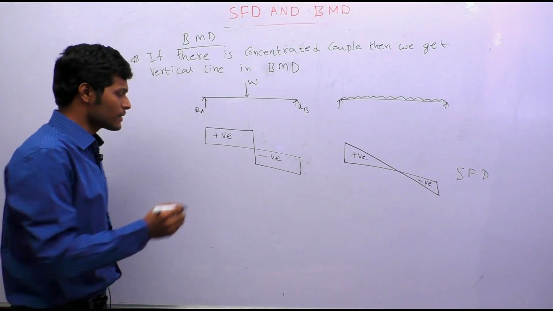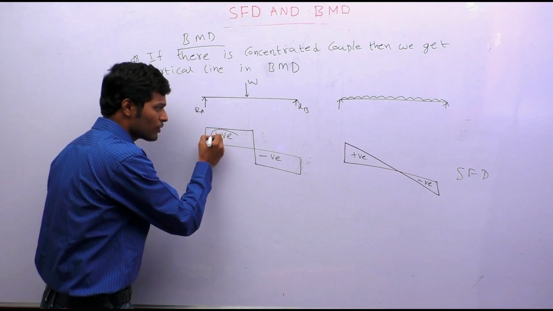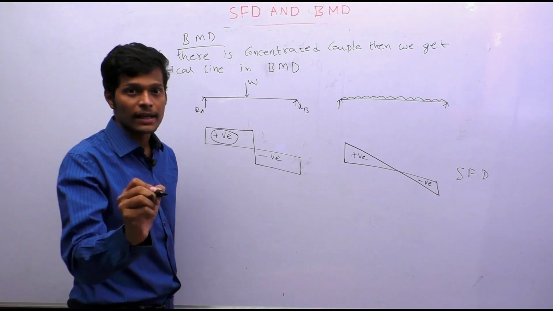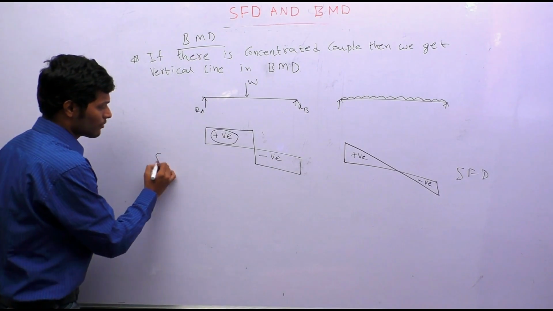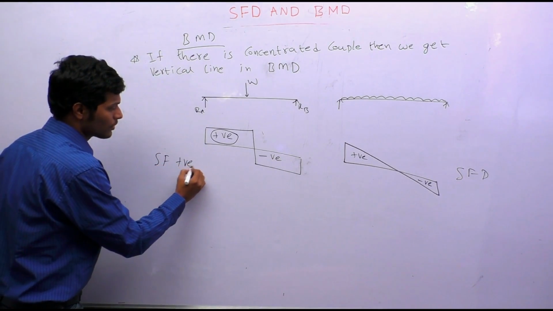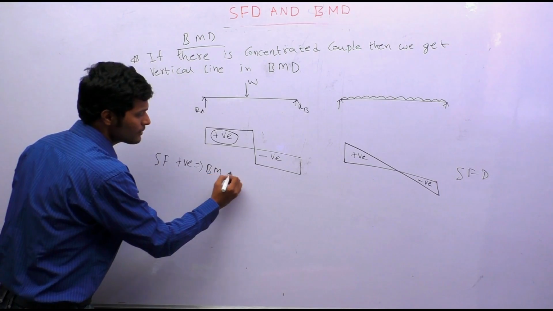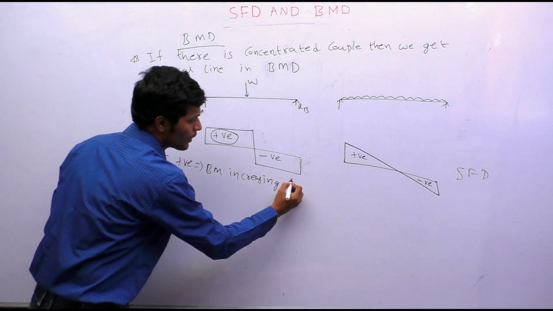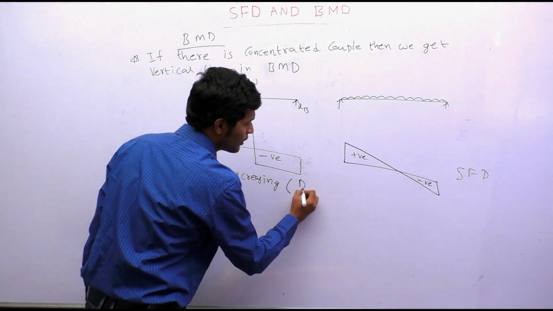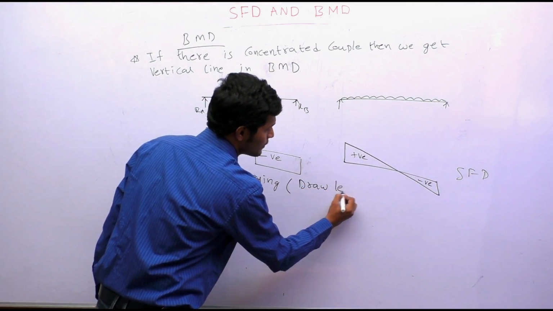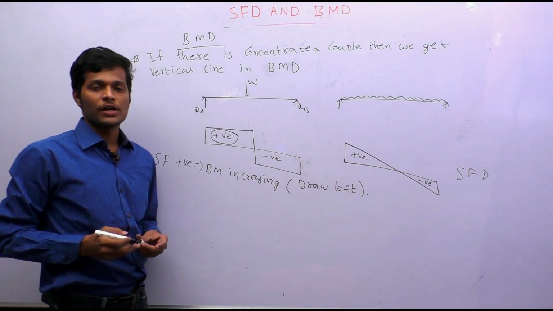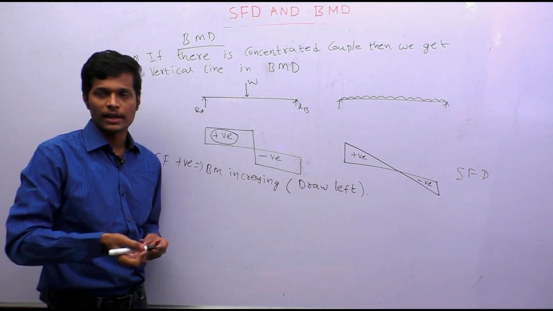The shortcut is, if the shear force is positive, then the bending moment is increasing. Remember that, and you have to draw from the left side.